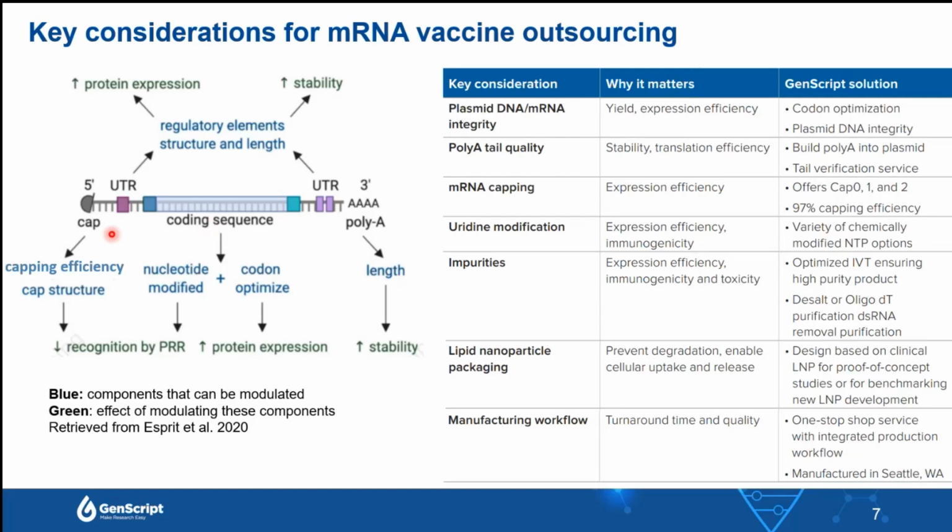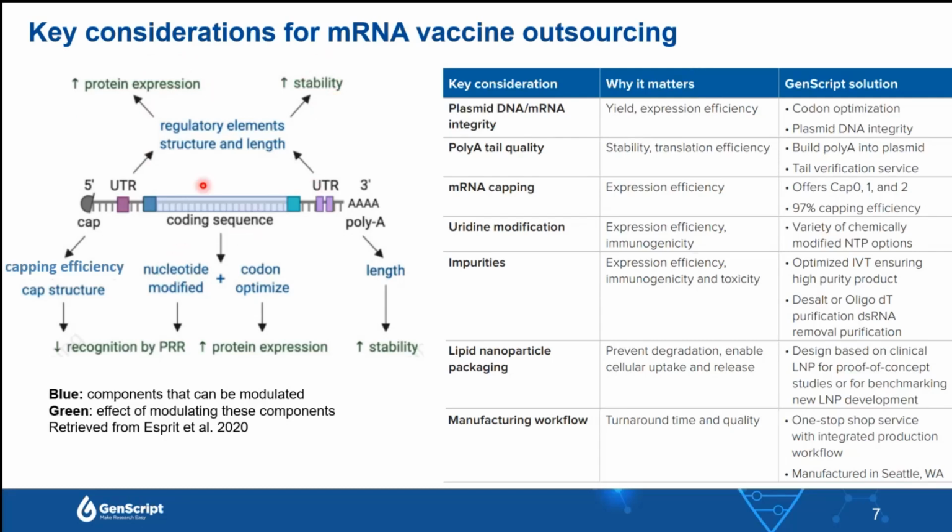mRNA. So the cap part affects the capping efficiency and could affect the immunogenicity. And if we adjust the UTR part, it also affects the protein expression and the stability.